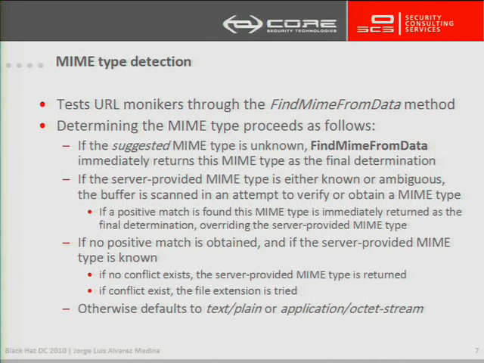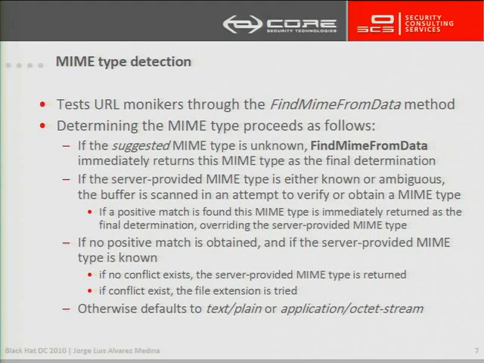To determine which action it will take, it uses an algorithm that is based on, on one hand, the content type supplied by the server that is serving the content, and on the other hand, a function that Internet Explorer has internally called FindMimeFromData, that basically scans a small buffer, the first 255 bytes of the object that was retrieved, and then it decides how it will be treated.